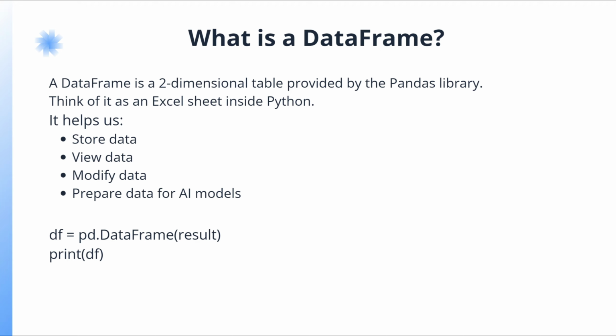It is not possible for us to bring the whole data set into our code, but with the help of the data frame of the pandas library, we can bring the entire data set into our code, which helps us to view data, store data, and so on.